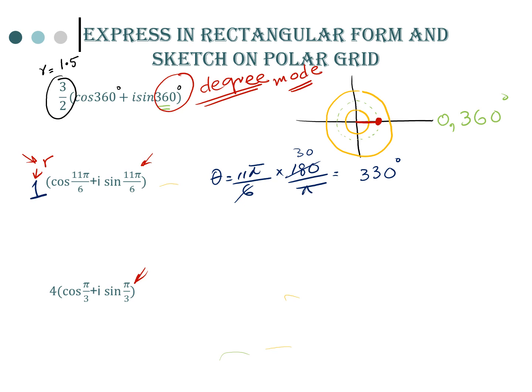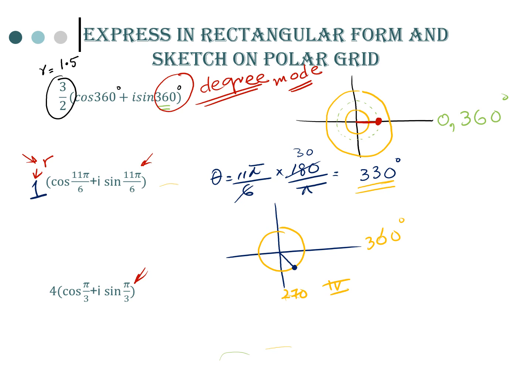Now you are going to sketch only one circle, and 330 means the fourth quadrant, between 270 and 360 degrees. So you can see 330 will be nearer to 360 over here. Just make a dot and join it with the origin.